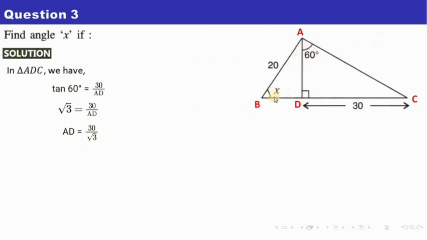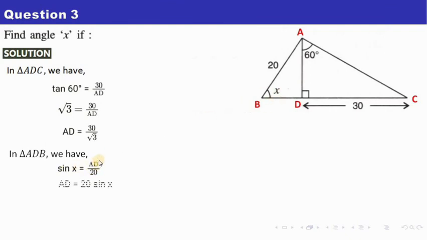Now let us have a look at this triangle. In order to find x, we need to know at least two quantities. We know 20 and we know AD, right? The side opposite to x is the perpendicular, so AD is going to be my perpendicular now. In triangle ADB we have perpendicular and hypotenuse known. Perpendicular by hypotenuse is sin x, right? So sin x equals AD by 20.